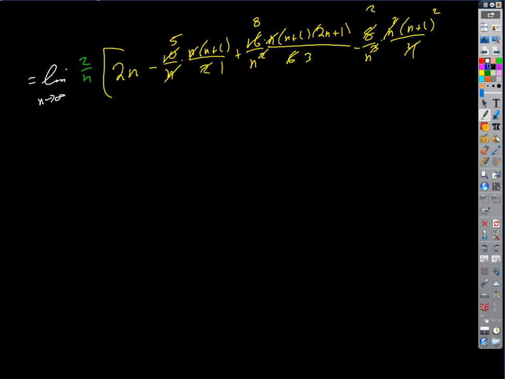Okay, so what do we get then? Limit of 2 over n times 2n minus, what's this gonna give me? If I distribute, I just distribute the 5, right?